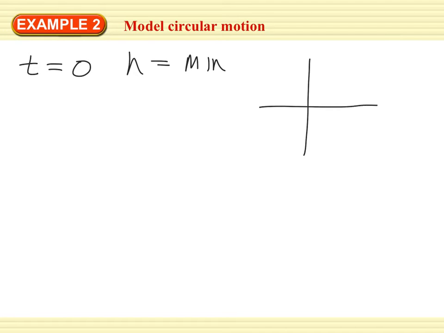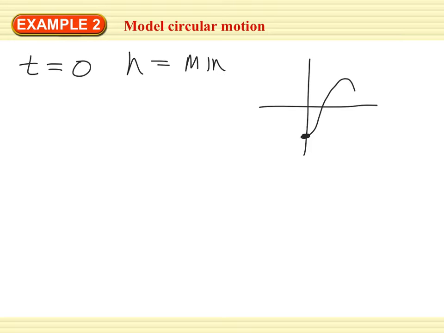Cool. Now we have to decide whether the height should be modeled by sine or cosine. So go back to the paragraph and read, when time equals 0, the height is at its minimum. That means if I had a graph at time equals 0, the height is at its minimum. I would say probably down there.